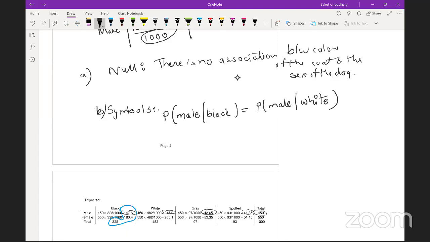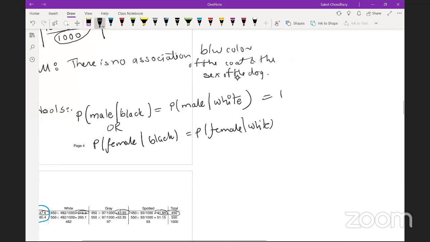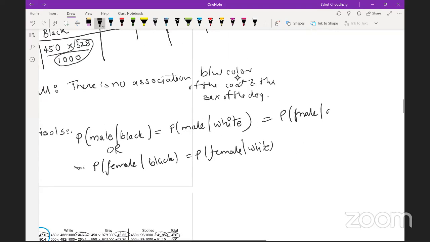Or similarly, you can say this for female. And you will expand this to cover all the other coat colors, which are gray and spotted. Does everyone understand what I'm doing?